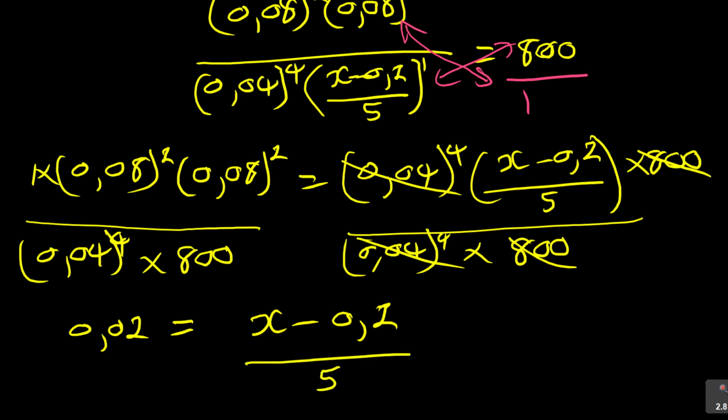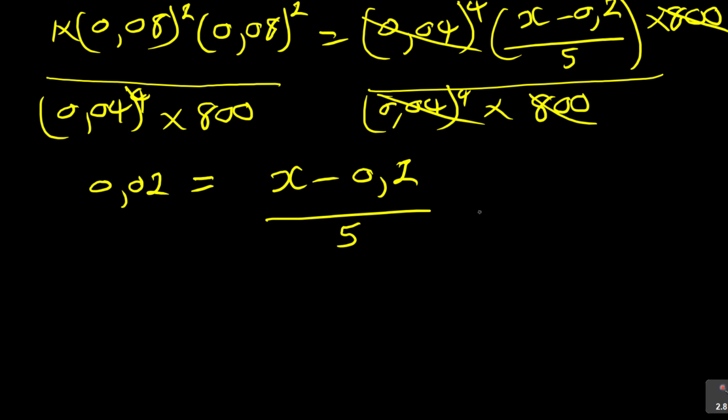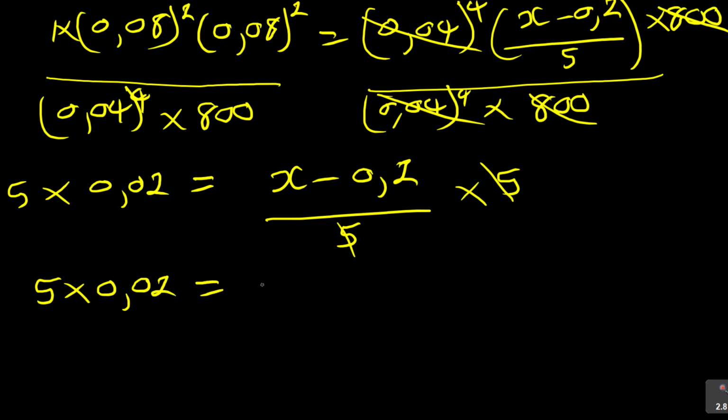See, simplified it now. They don't give marks mainly for this. Multiply by 5, multiply by 5, do this. 5 times 0,02 is equal to x minus 0.2. Now take this to the other side. It will be what?